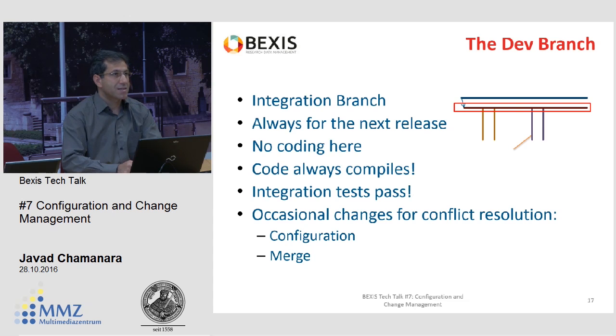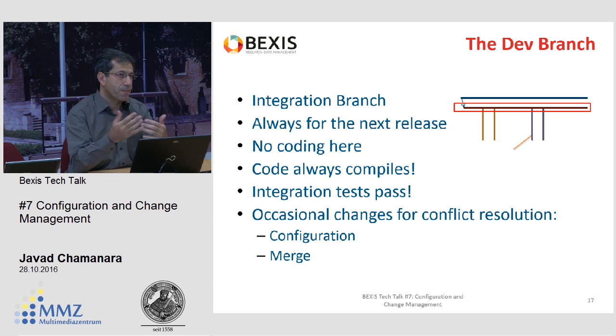But the point is that all the integration tests should pass on the dev branch. And also, at least the code should always compile. The minimum requirement is that when you merge something to the dev branch, the code should still compile. And then the quality indicator is that all the integration tests should also pass there, and then the merge is accepted. As I said, it sometimes happens that configuration files, like web.config for example, have been changed by more than one person.